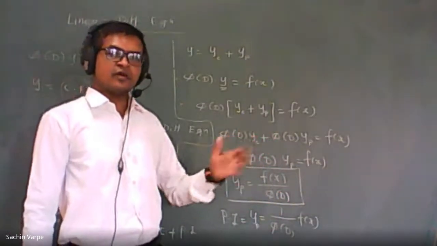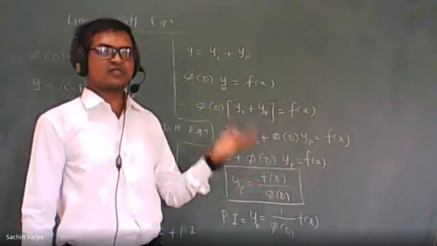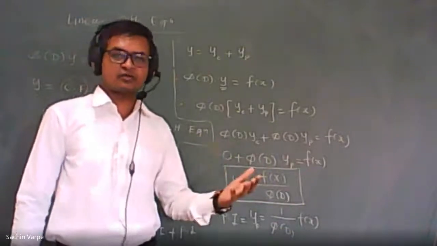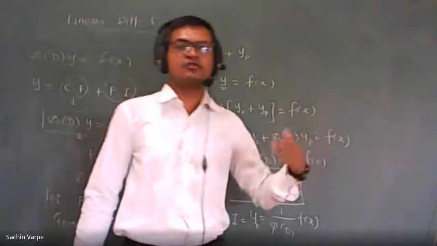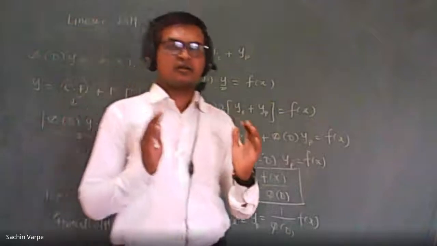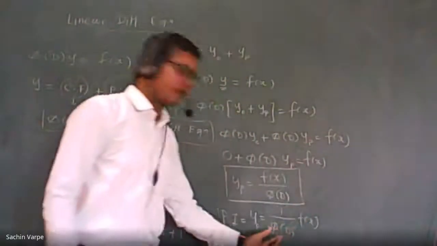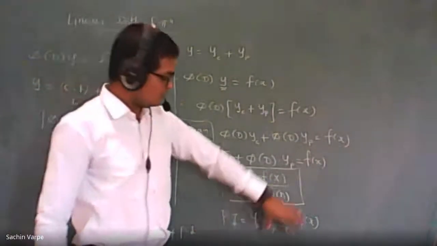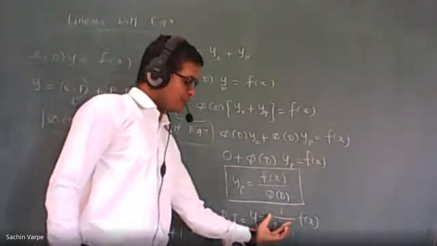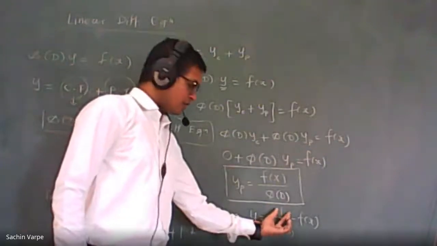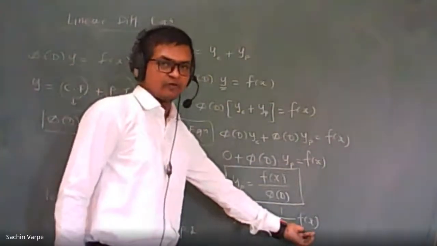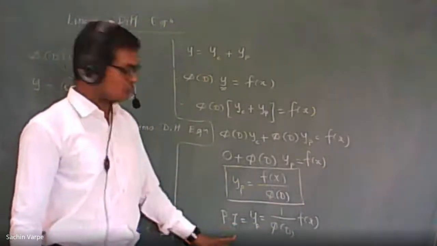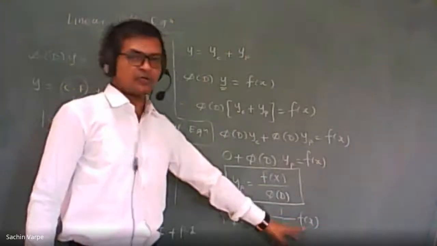So function of capital D is again an operator. Just like if D is an operator, then D plus 1 is also an operator, D square plus 2D is also an operator, D square plus 2D plus 3 is also an operator. So phi of D is also an operator, and so 1 upon phi of D is also an operator. So I have separated that operator and I am operating it over the function f of x. So here is the formula for particular integral: PI is equal to 1 upon phi of D into f of x.